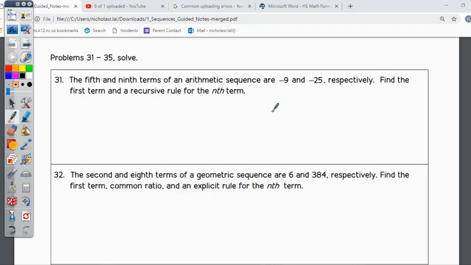So right away, what is the fifth term? -9, right? And the ninth term is -25. So that leaves the sixth term, the seventh term, and the eighth term.